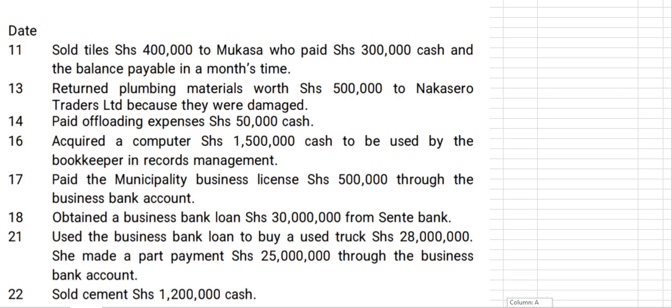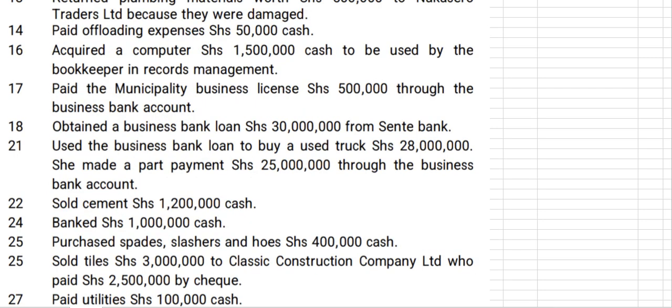Then next, banked cash, 1 million. So this is still a contra entry. If you bank cash, it means that your cash at hand has reduced, but your cash at bank has increased.